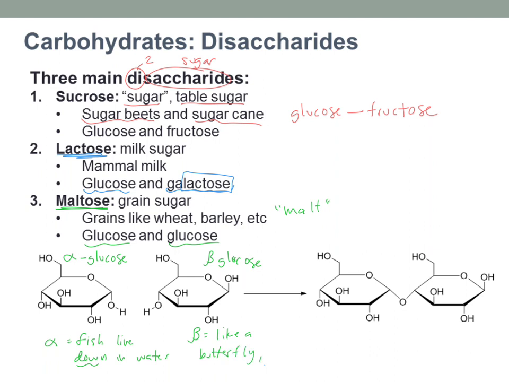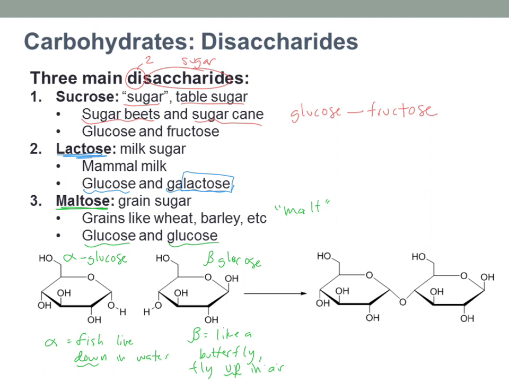And butterflies fly up in the air. So you can remember that, the beta looks like a butterfly, flies up in the air. Alpha looks kind of like a fish. Fish live down in the water. Or you can remember it by the way you write them. People tend to be on a downward swing when they start writing an alpha and an upward swing when they start writing beta. So however you want to remember it.